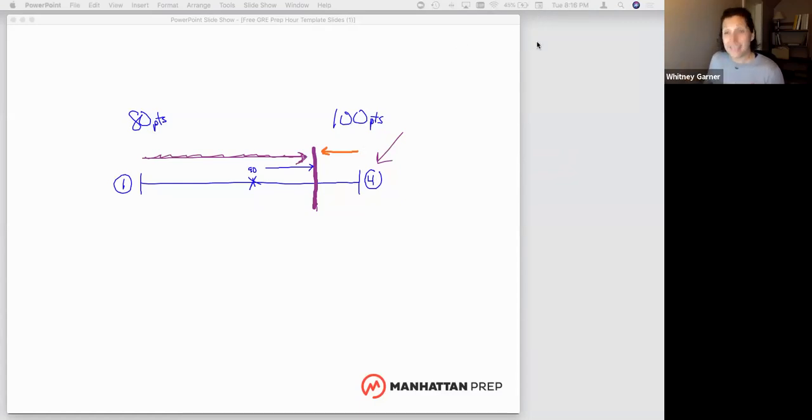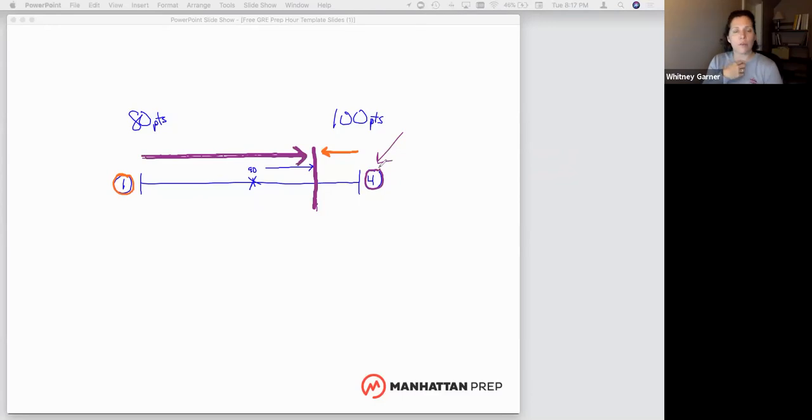So our big team is doing the work to pull the flag this far away, this distance. And our little team is doing the work to keep the flag away from the winners by this littler distance. So essentially, we're looking at each person or each team responsible for the distance on the other side of the flag. That's how far they've pulled it in their own direction.